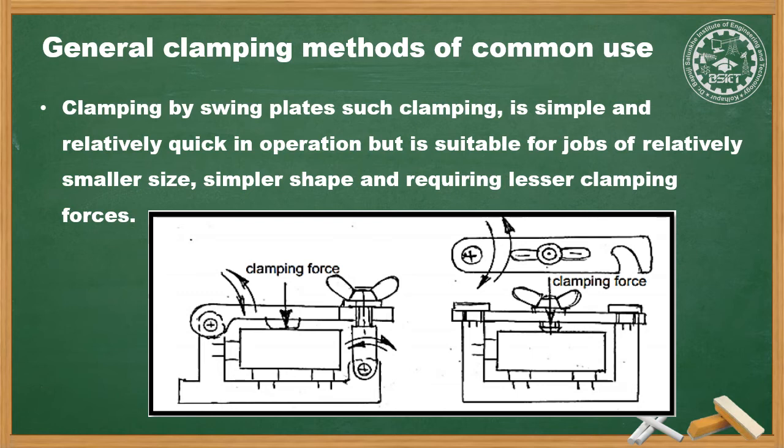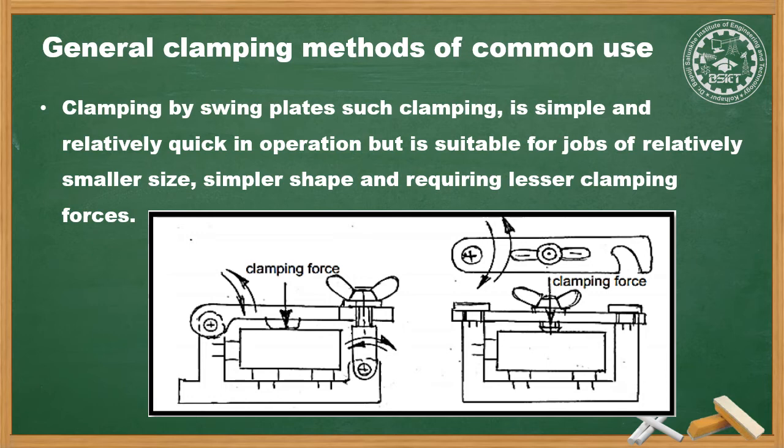the clamping by swing plates. In this, the clamp is swinging and it can move around, and the workpiece can be fitted inside and again clamped with the help of the screw provided.